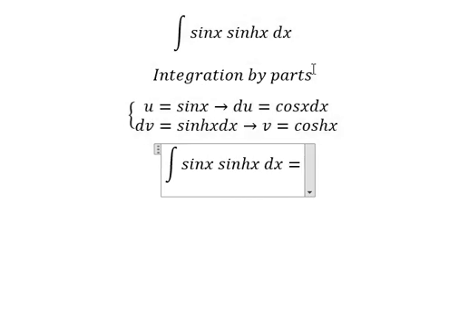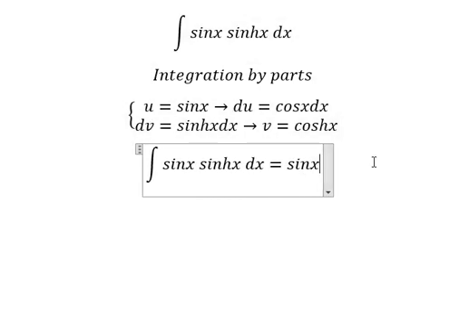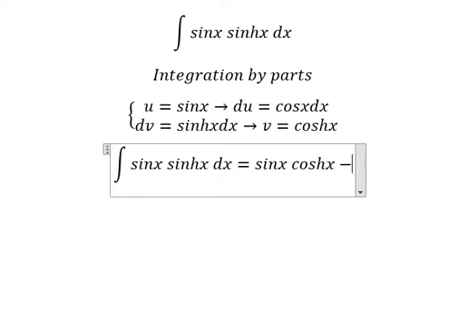So we have u multiplied by v, minus the integral of v du.